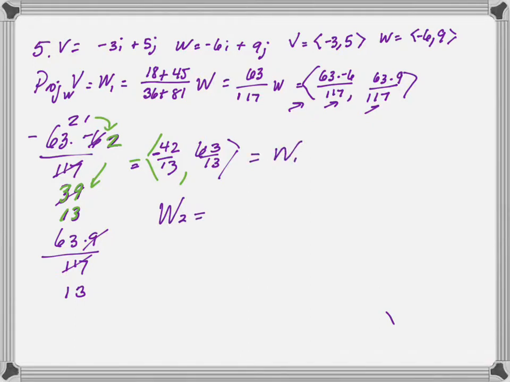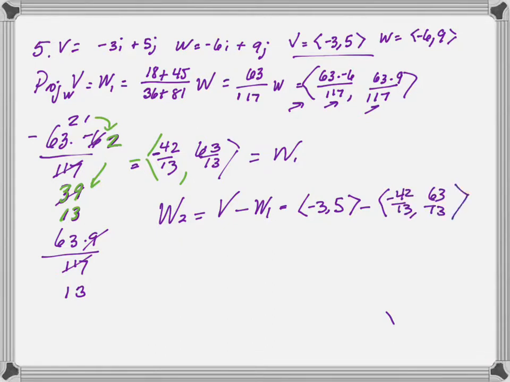So W2 is V minus W1, which is V all the way back up here, (-3, 5), minus this mess: (-42/13, 63/13). So 3 times 13 is 39.